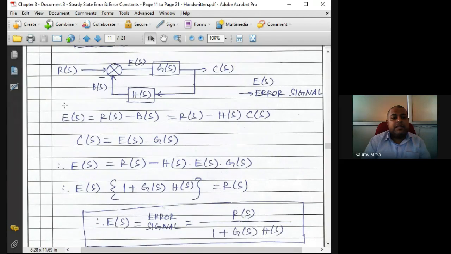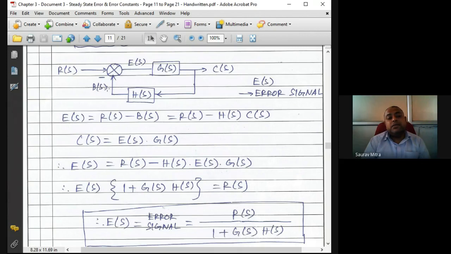We are trying to find the formula of error in the Laplace domain. When we take that error into the time domain, it is given by e_ss(t), the steady state error in the time domain, and in the Laplace domain it is E(s). So e_ss is for t tends to infinity. That is the steady state error. We'll see all those things.